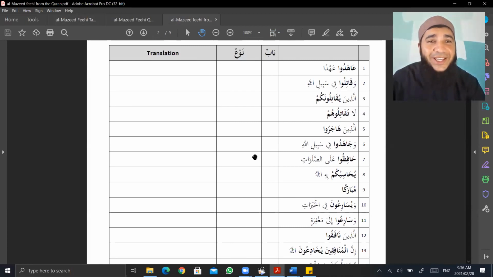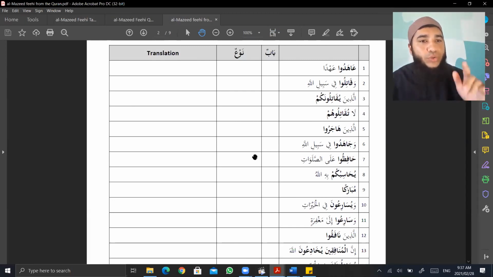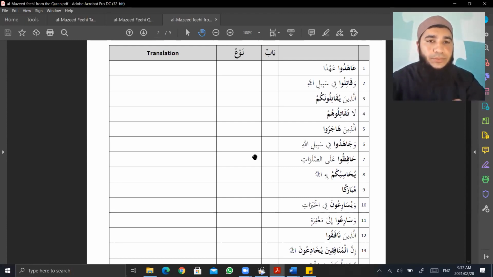Well, obviously, this is a snippet of a verse, right? So you have to read that in context. The verse is وَقَاتِلُوا فِي سَبِيلِ اللَّهِ الَّذِينَ يُقَاتِلُونَكُمْ وَلَا تَعْتَدُوا. Fight in the path of Allah those who fight you, but do not transgress. Do not go beyond the limits. إِنَّ اللَّهَ لَا يُحِبُّ الْمُعْتَدِينَ.